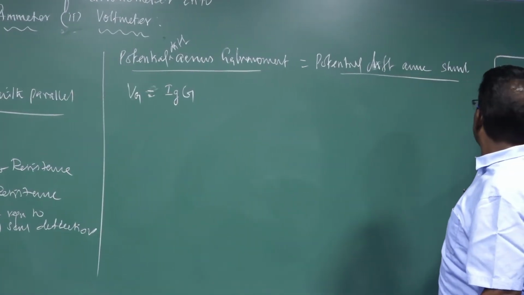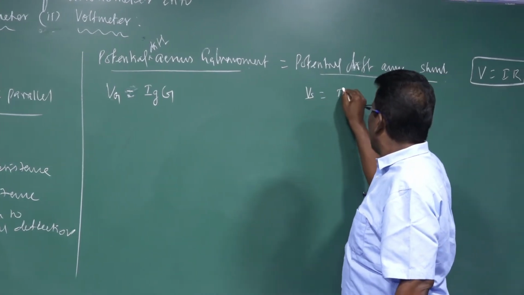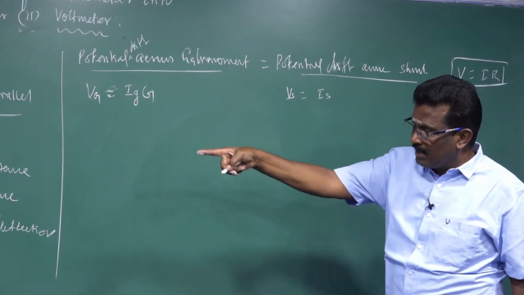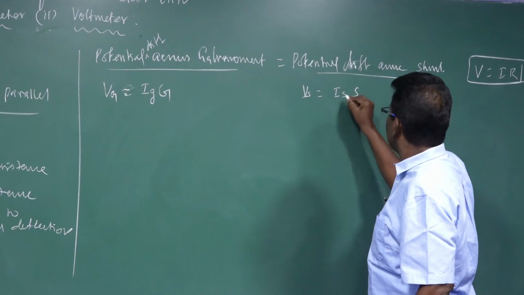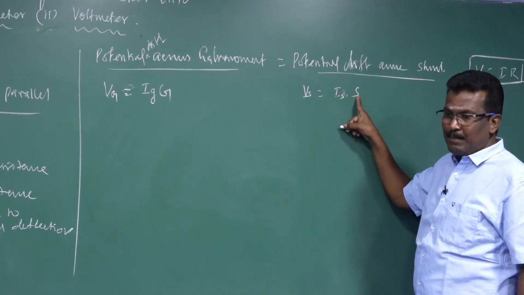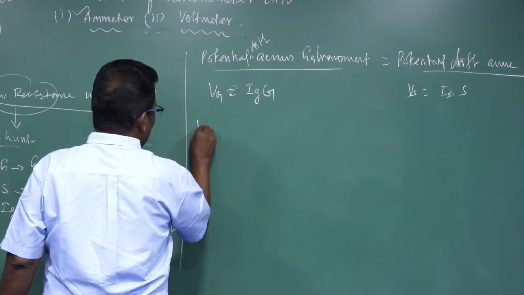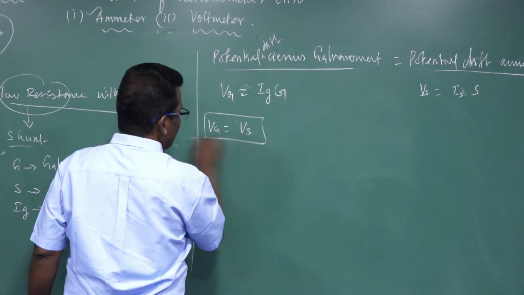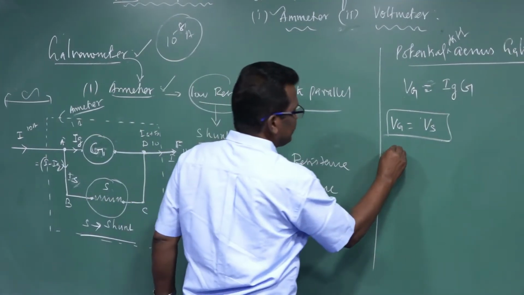The same formula, V is equal to IR. So VS is equal to IS, the current flowing through the shunt, into S, the shunt resistance. So VG is equal to VS. What is VG? Ig into G.